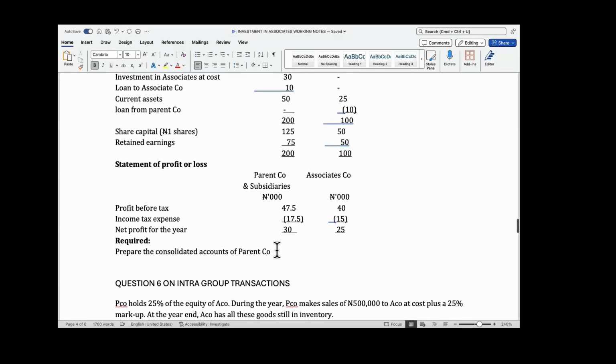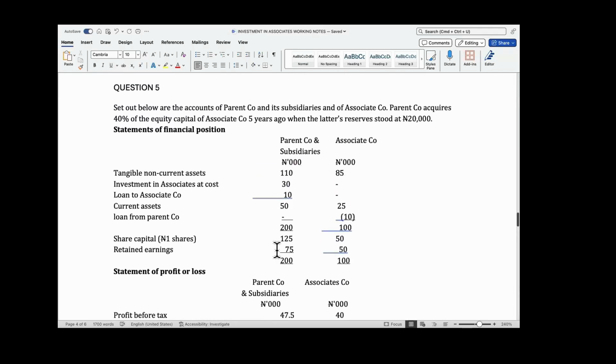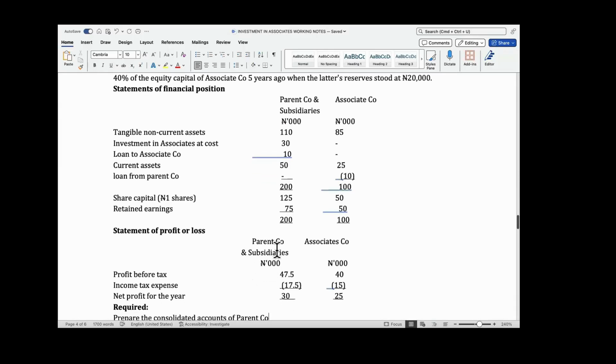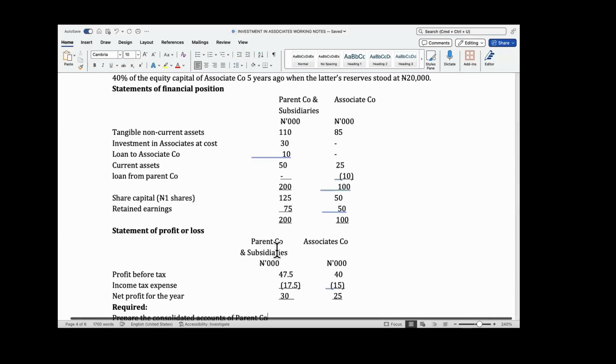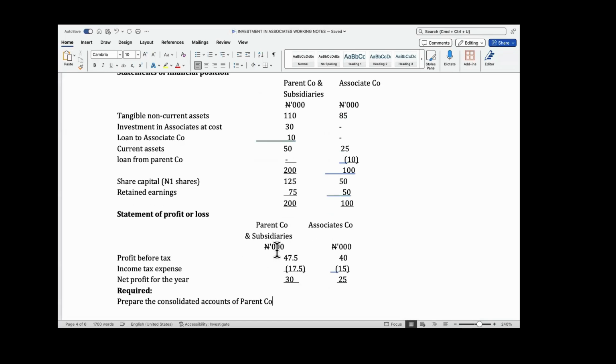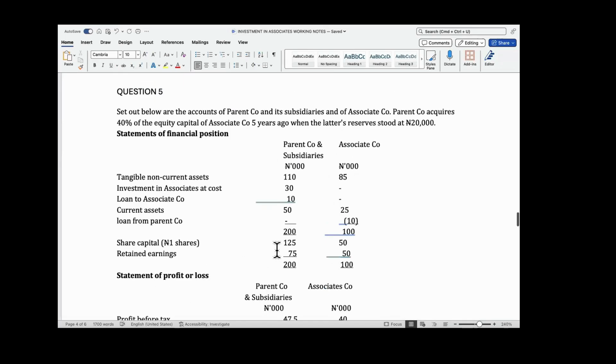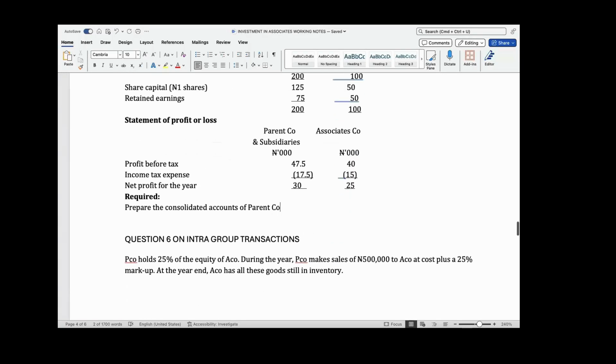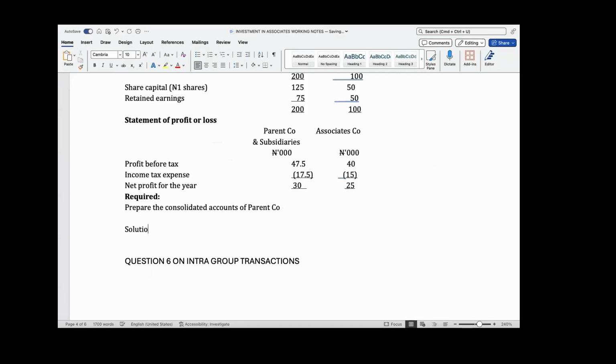So let's consolidate. When it comes to associates and you want to consolidate, two things you need to ask yourself. Are there any intra-group transactions? And how do I sort out my investment in associates, that is my carrying amount of investment in associates? Those are the two things you would always need to resolve. Now that they have given us our holding, I want to resolve that.